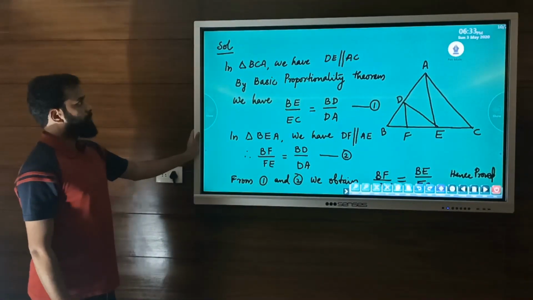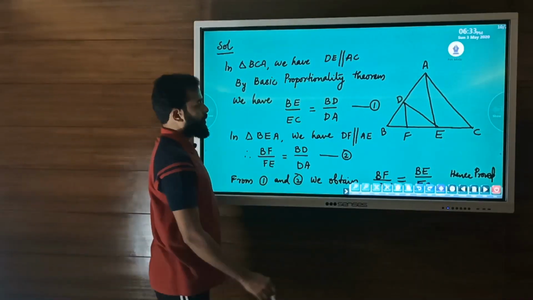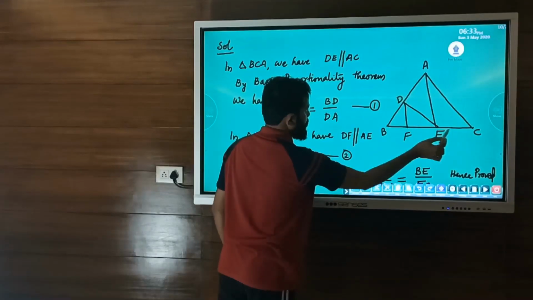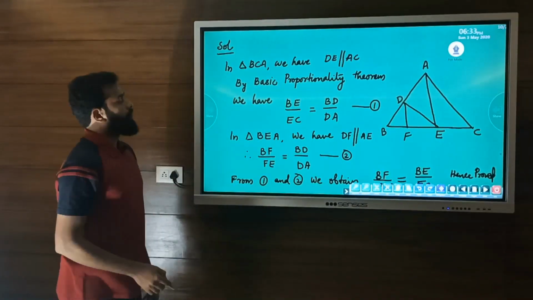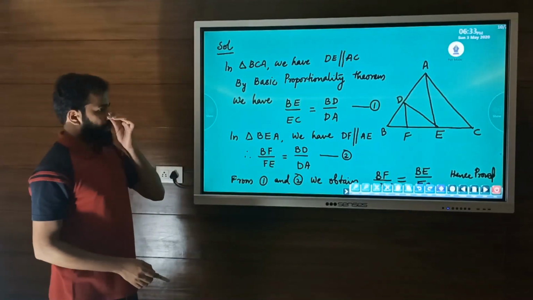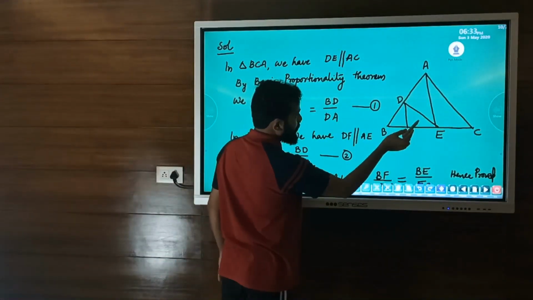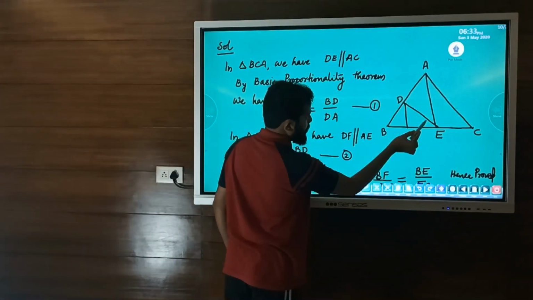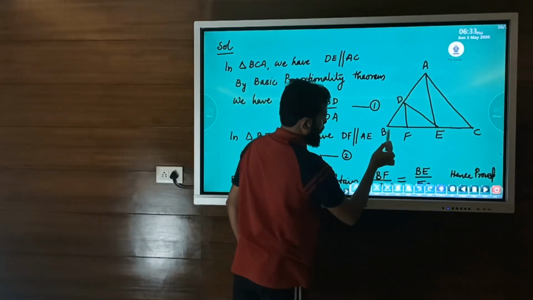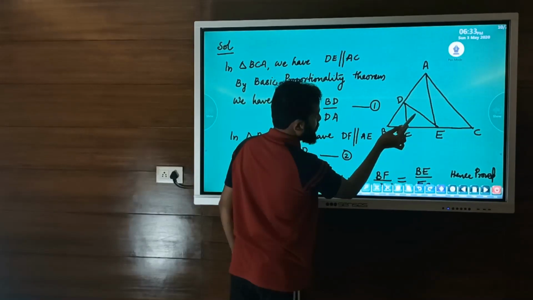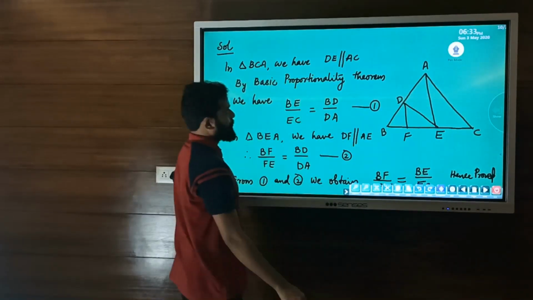In the diagram we can identify the complete triangle BCA. We have DE parallel to AC, that is given in the question. This is the line DE. So the condition is, this is the triangle we are considering, ABC, and this is the line DE. The line DE is parallel to AC.